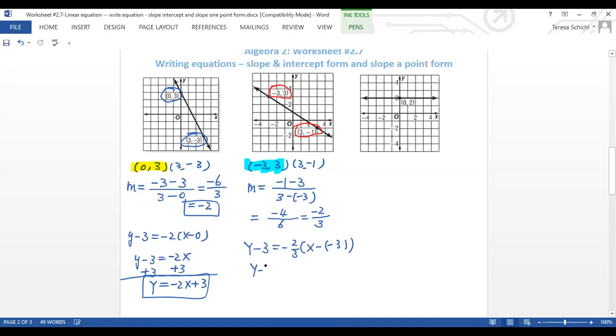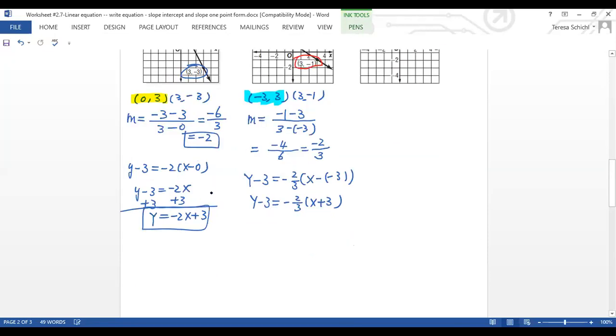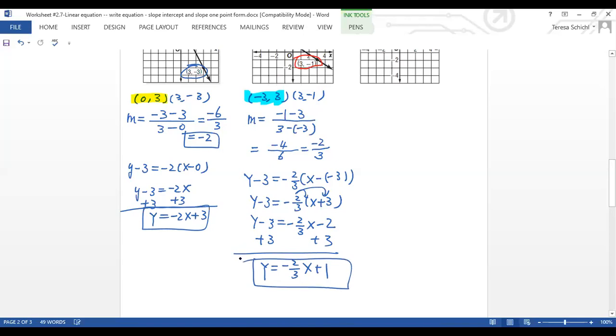So this will be y minus 3 equals -2/3 times (x plus 3). Now let's continue to simplify it. Distribute: -2/3 of x, and -2/3 times 3 is -2. Now plus 3 on both sides. So I have y equals -2/3 x plus 1. That will be the answer here.